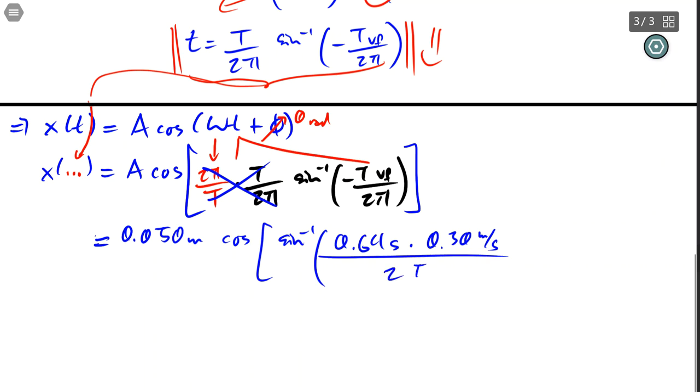Speed. And something is missing here on the bottom.